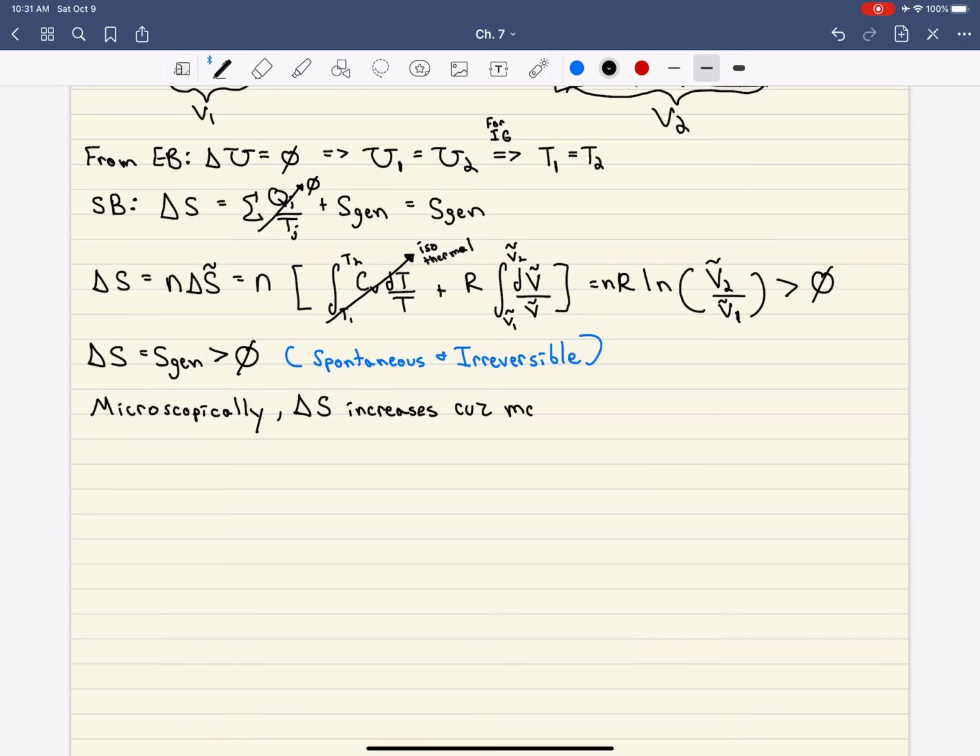because molecules have more ways that they can arrange themselves.